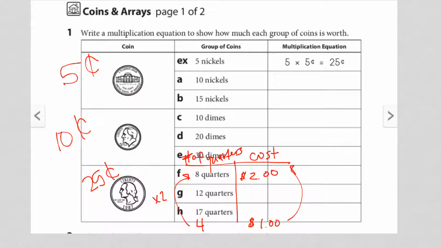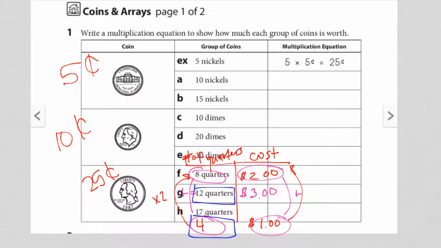And then I'm going to say to myself, well, I see that I have 8 plus 4. Wow, 8 plus 4. I know what 8 plus 4 is. It's 12. So I'm going to take these two numbers, add them together, and find out that's $3. And then I'm going to say to myself, oh, okay, I see 12 quarters plus 4 quarters.